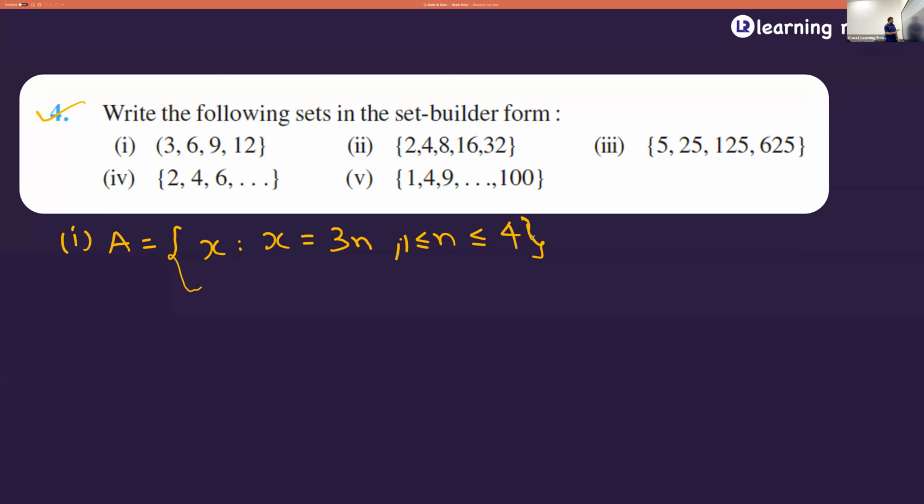Right. Second one, B is equal to 2, 4, 8, 16, 32. x such that x is equal to 2 times n, where n is greater than or equal to 1, less than or equal to... are we getting everything? No, it is not 2n. It is 2 power n.